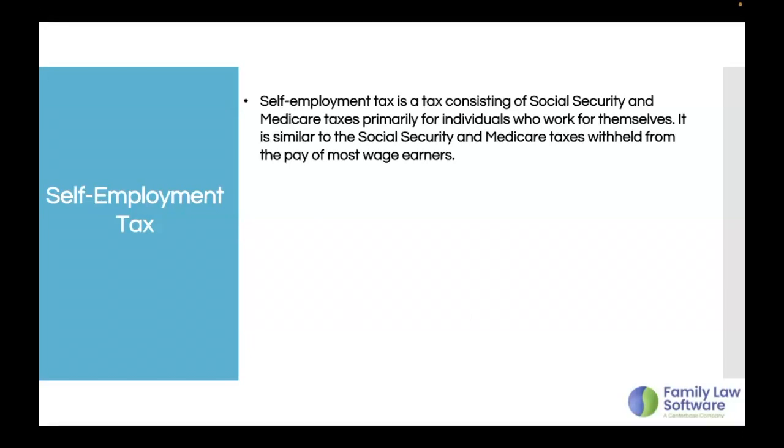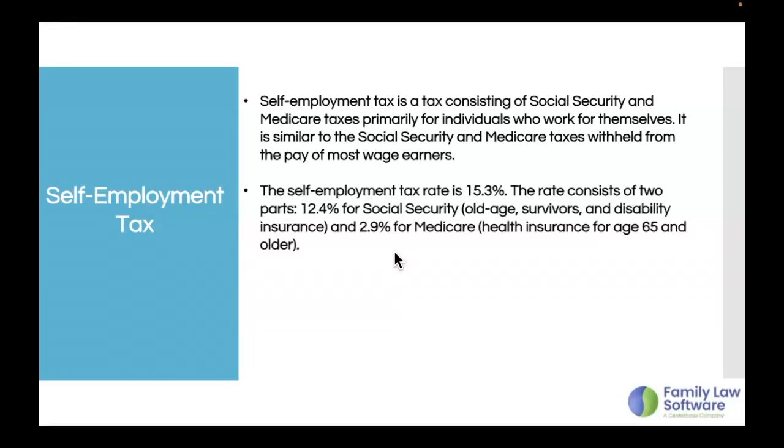Maybe you're an attorney and you do contract work, or your clients receive that 1099. The self-employment tax consists of the Social Security and Medicare taxes for individuals that work for themselves. If you're a W-2 employee, you've seen your paycheck, it's this big dollar, and then at the end, that net income gets smaller and smaller because of taxes.